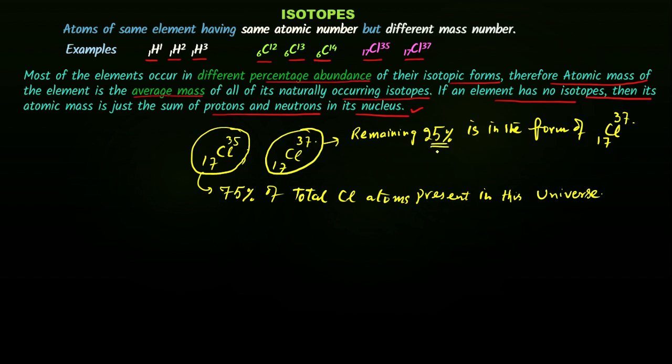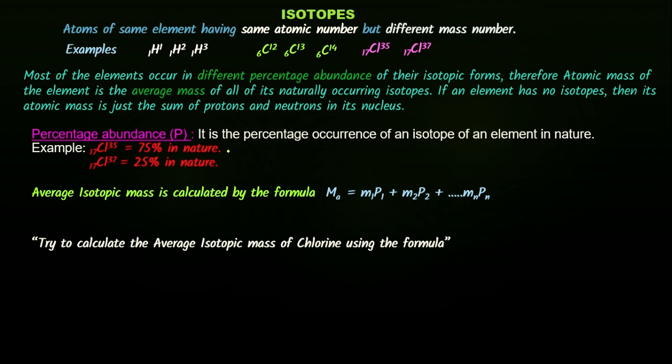Now, this percentage is percentage abundance. So that is what is written over here. Percentage abundance is the occurrence of an isotope of an element in nature. This is what we have learned about it. 75% of chlorine is in the form of chlorine 35 and 25% is in the form of chlorine 37.